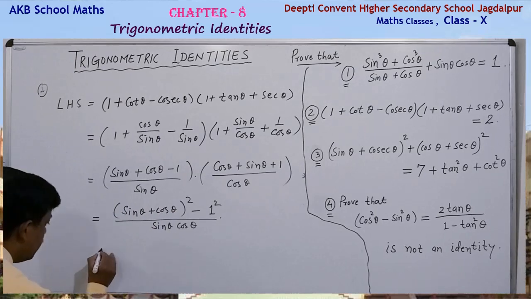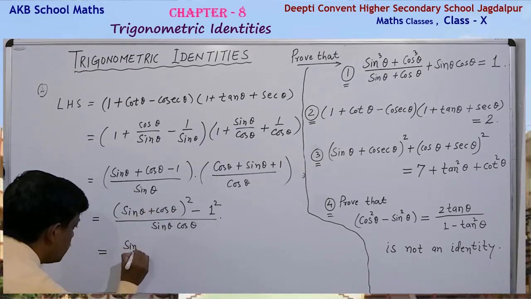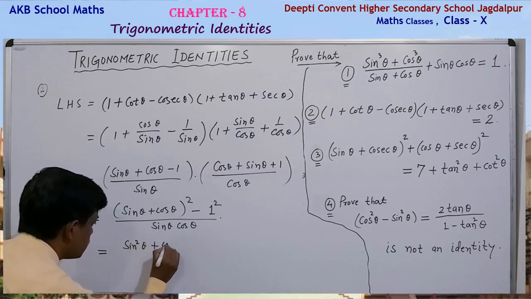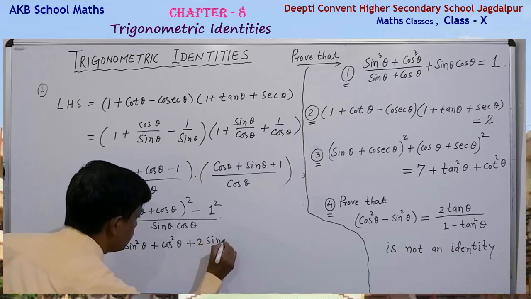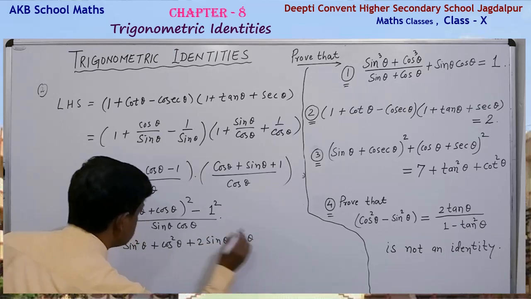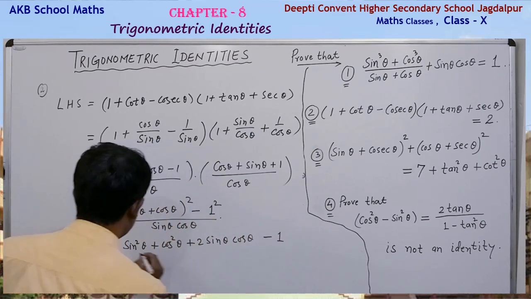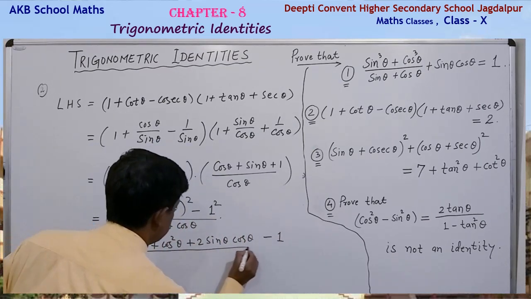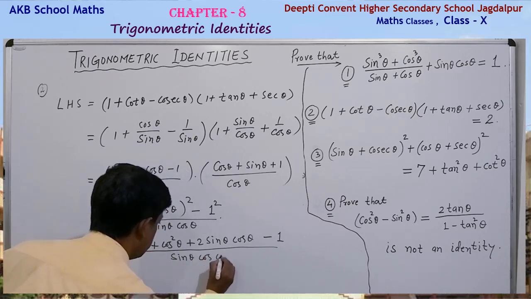Now here we can write a plus b whole square, so sin square theta plus cos square theta plus 2 into sin theta cos theta. This is a square plus b square plus 2ab, minus 1 square, divided by sin theta cos theta.